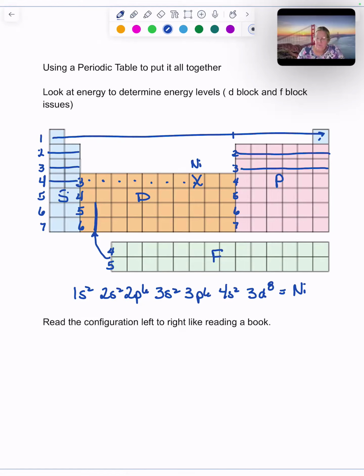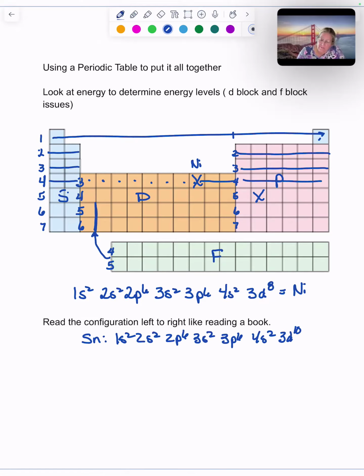Okay, let's pick another one, and we're going to go further. So let's do the element right here. That element happens to be tin, Sn. So to do tin, we're going to take this configuration we had before: 1s2, 2s2, 2p6, 3s2, 3p6, 4s2, 3d, but now we're going to fill the 3d with 10.